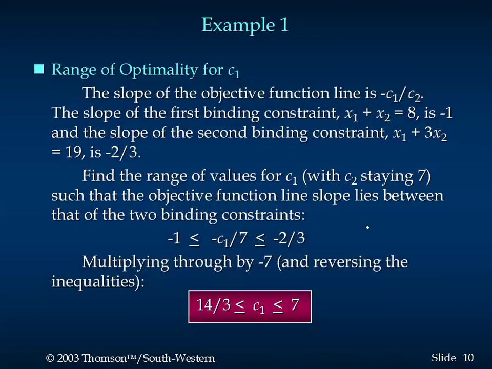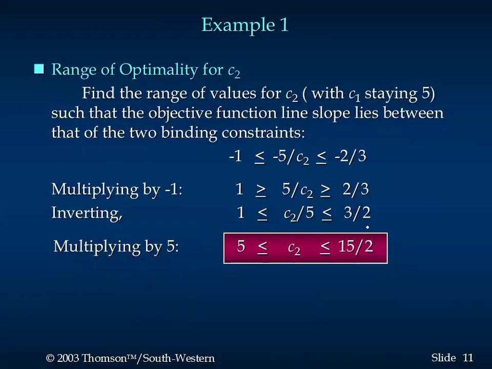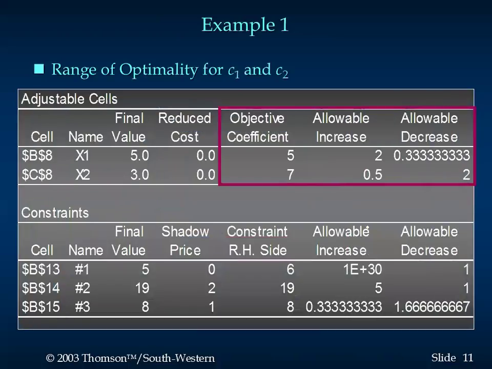Or if we make changes in C2, as long as C1 remains fixed at 5 and C2 remains between 5 and 15 by 2, 5 and 7.5, the solution remains optimal. Of course, the optimal value may change because the coefficients are changing, but the solution remains optimal. That's the nice thing. Okay?